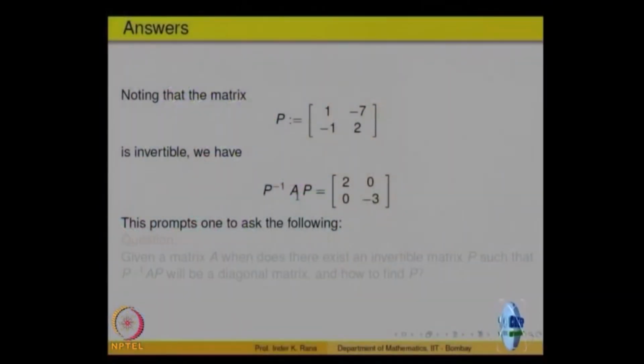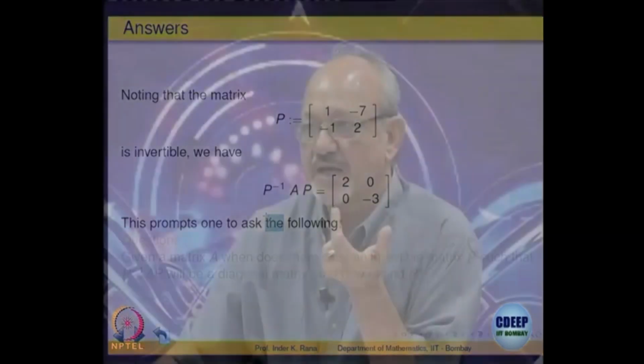So, what have we done? For the given matrix, I have found two scalars, namely 2 and minus 3. They were the solutions of determinant of A minus lambda I equal to 0.